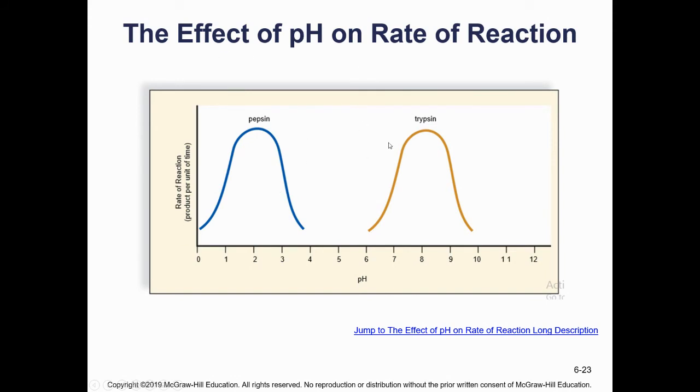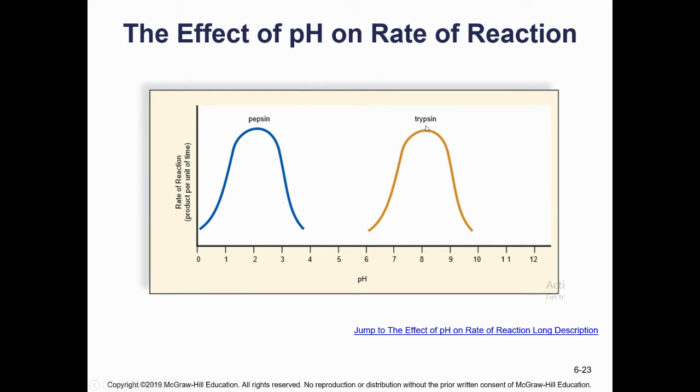pH, however, so there's that optimal temperature for most enzymes, just a little bit over 37 to 40 degrees, and then we start to break up. pH, it depends on the enzyme. Different enzymes have different happy places for pH.